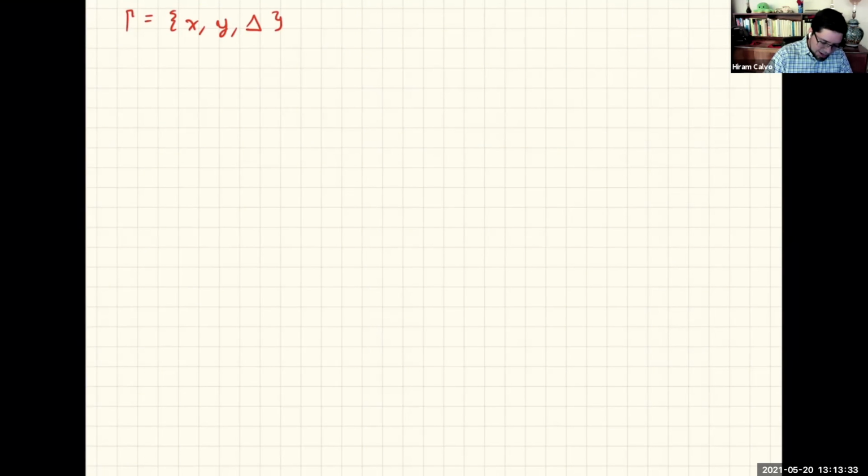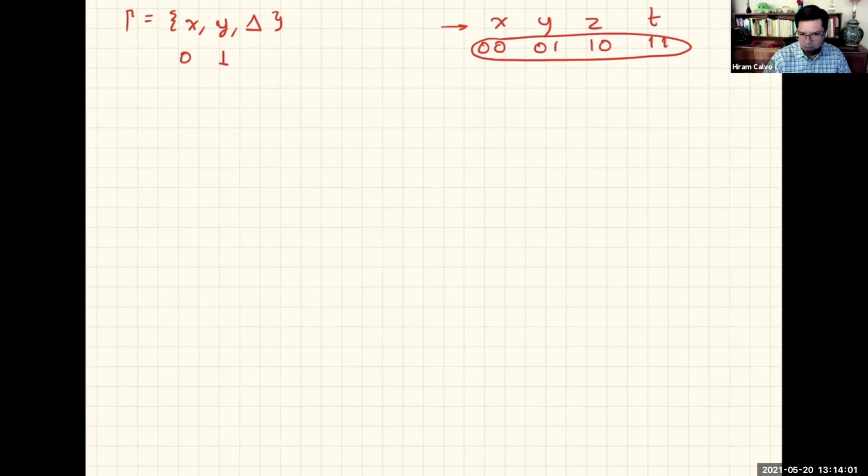You can imagine this is a binary definition, 0 and 1. And of course, if you would like more symbols in the future, like X, Y, Z, and T, you can always number them and have 00, 01, 10, and 11. It doesn't matter how many symbols you have from the beginning. You can represent any number of symbols you want just by using two symbols and a blank space.